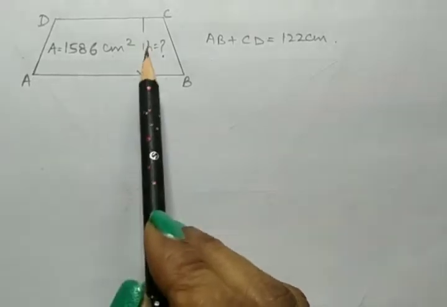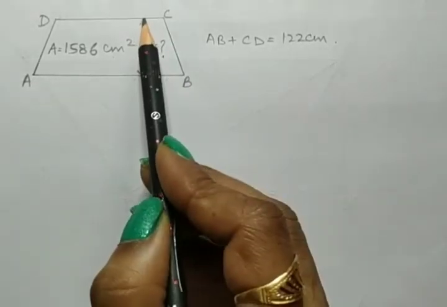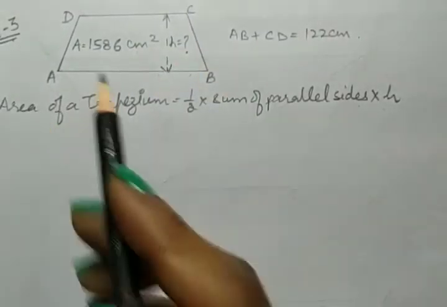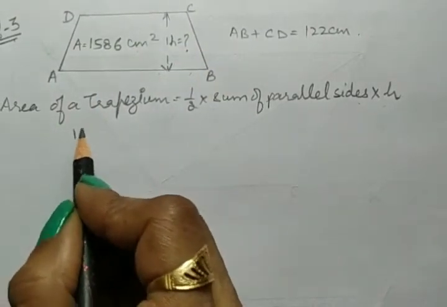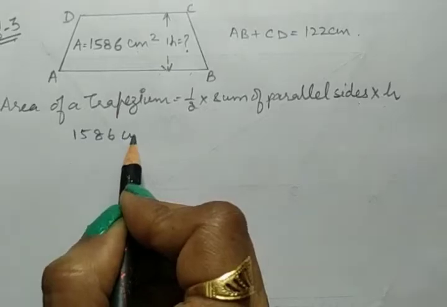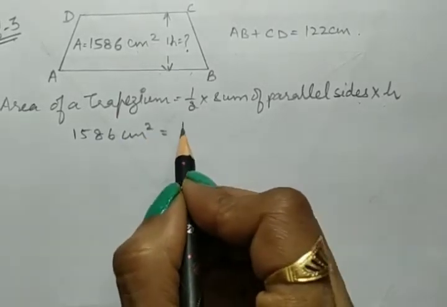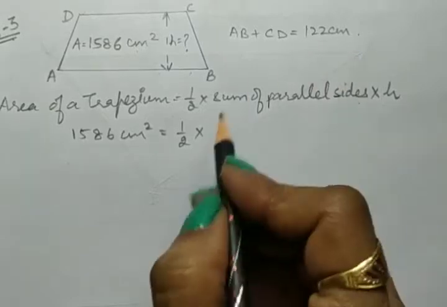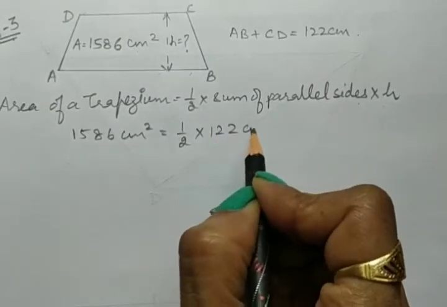Now we have to find the height, or we can say the distance between these two parallel sides. Now put these values in this formula, so we get 1586 centimeters square is equal to half multiplied by sum of parallel sides, that is given, 122 centimeters.